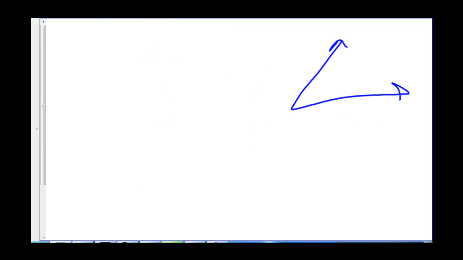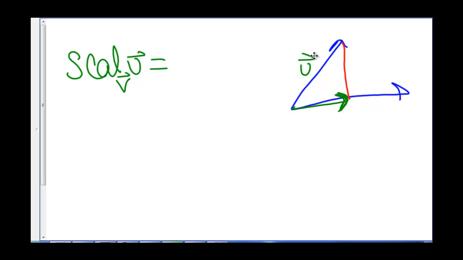The length of this vector, so the length of our projection. So we want to find the length of our projection. Well, we call that the scalar component of u in the direction of v, and the length of that, if this is vector u, this is angle theta, is cosine of theta times the length of u.